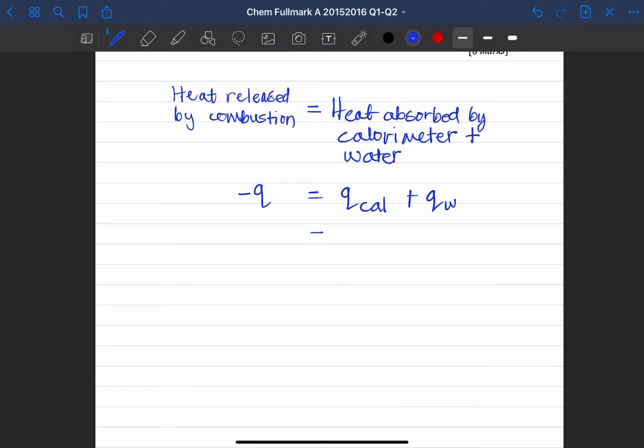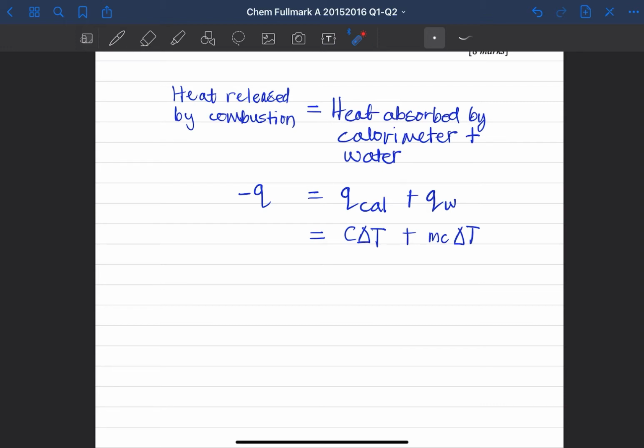Okay, so Q calorimeter is C delta T plus m small c delta T. The big C is the heat capacity of the calorimeter, and the small c is the specific heat capacity of water.